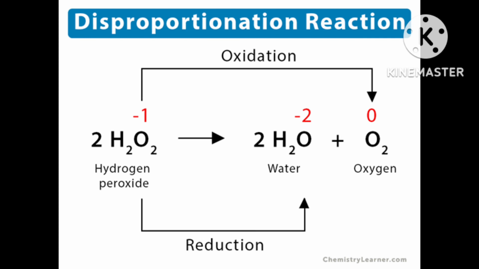The balanced equation is S8 plus 12OH minus giving 4S2 minus plus 2S2O3 2 minus plus 6H2O.